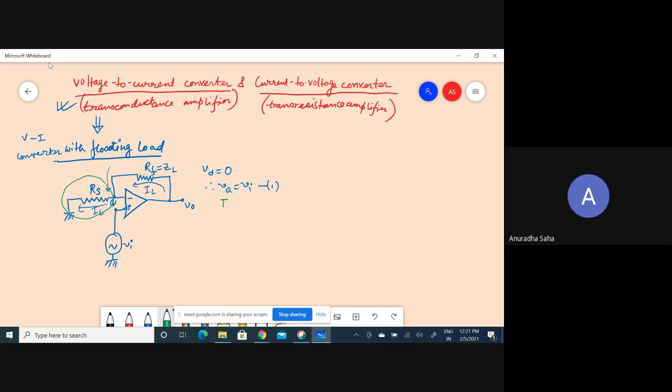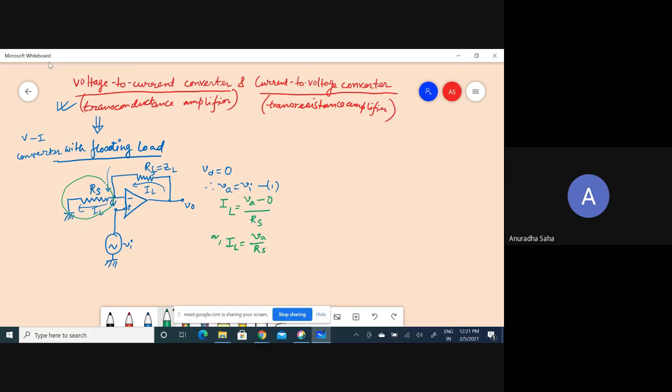So I can write this IL equal to nothing but VA minus 0 by RS, because obviously node A must be at higher potential in comparison to the ground potential. So I can write that this IL is nothing but VA by RS, right?